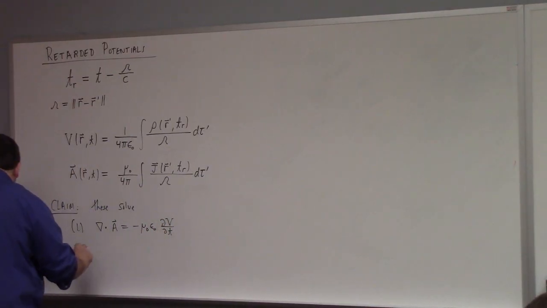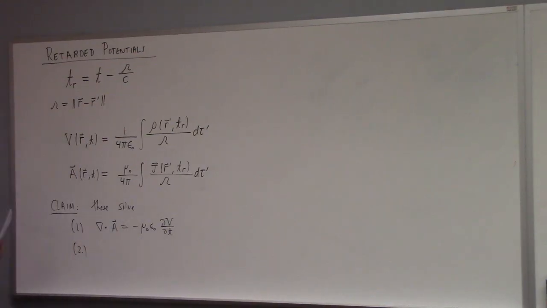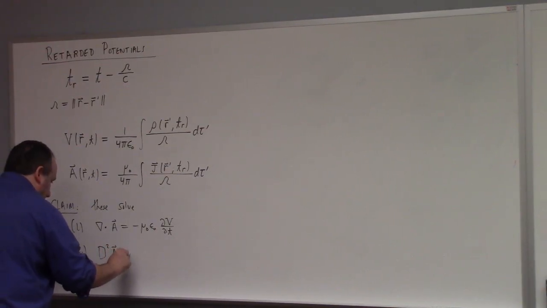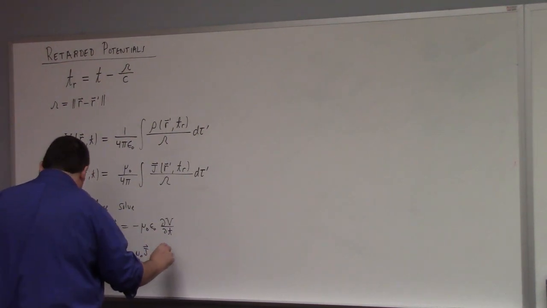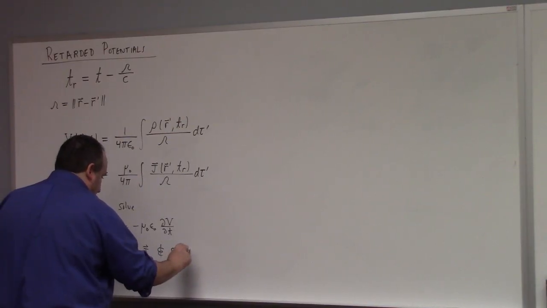So number one, these are actually Lorentz gauge compatible. And number two, they solve the inhomogeneous wave equations. And I will show you just half of part 2 in class if I do my job.